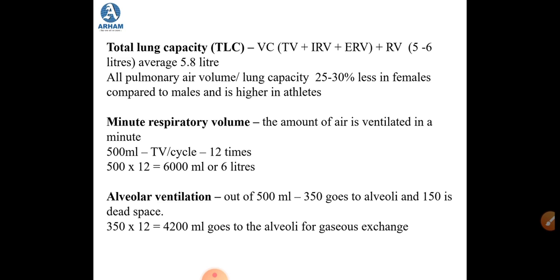So you can say total lung capacity is VC, that is vital capacity, plus the RV, the residual volume, that is the volume of air which still remains in the lungs after you have exhaled everything, even forcefully. So this goes to about 5 to 6 liters. On average we count 5.8 liters as the total lung capacity.